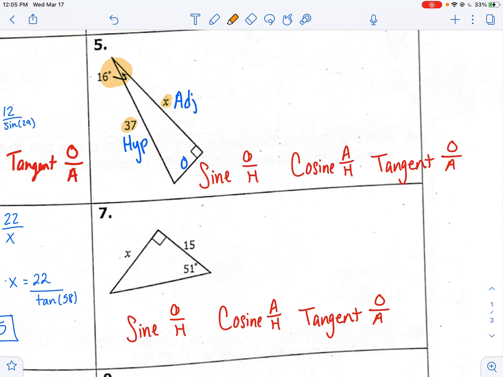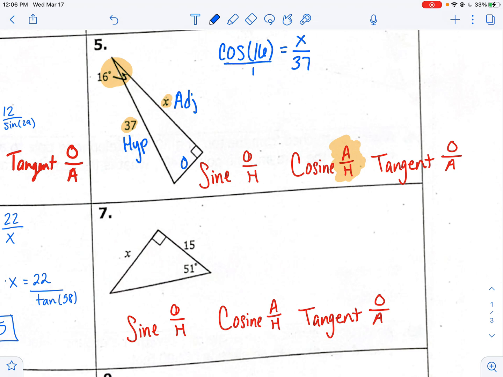So if I have adjacent and hypotenuse, I'm going to look down at my SOHCAHTOA, identify which one's adjacent and hypotenuse, that's cosine. So my cosine of 16 degrees, well, what's the cosine of that angle? It's adjacent x over the hypotenuse of 37.